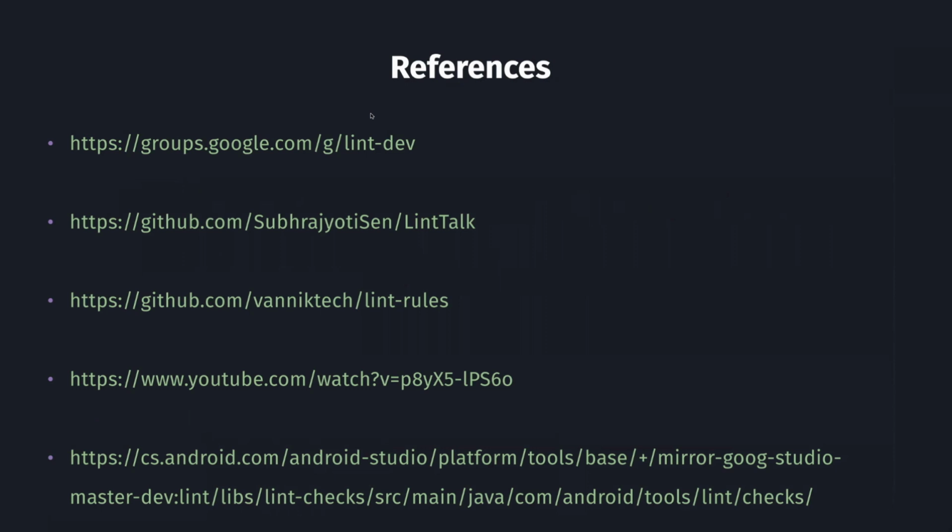You can learn a lot from it. The fourth is a talk from KotlinConf that goes into much more depth about writing lint rules, especially for Kotlin. And like I mentioned, lastly is a link to all the checks that come with Android Studio by default or with Lint by default. There are more than 100 lint rules and you can learn a ton from it.